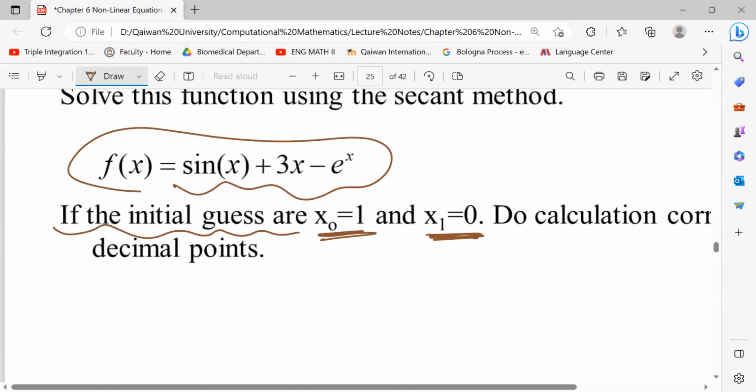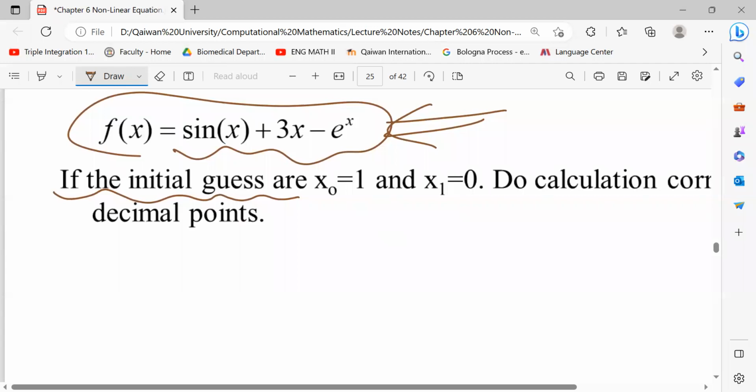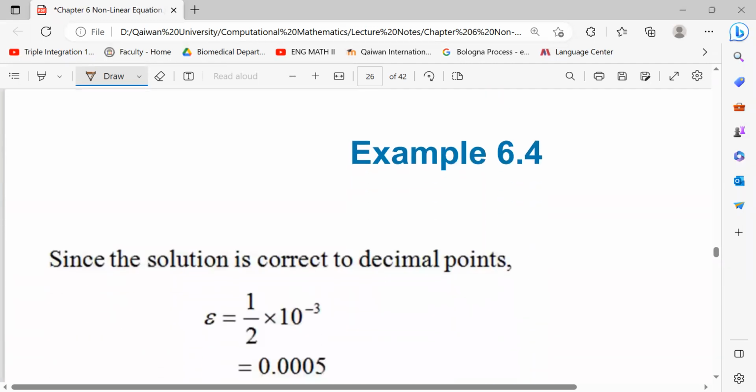We now have x0 and x1, and the function as well. What do we do first? We need to first find f of x0 and f of x1. To find x2, x0 and x1 are given. We need to find x2, then x3, then x4, and so on. So f of x0, let's find it.